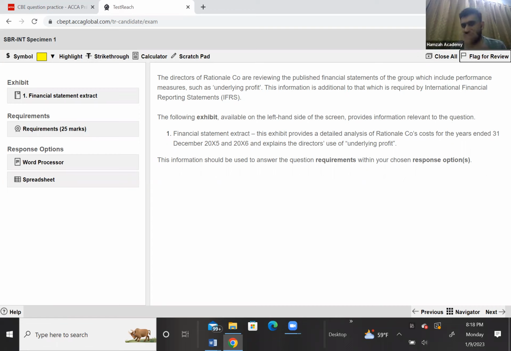Okay, so it was your exam pattern, exam platform, or the exam screen on which you would be giving your exam, computer-based exam of SBR. And if you have any question on that, you can ask me.